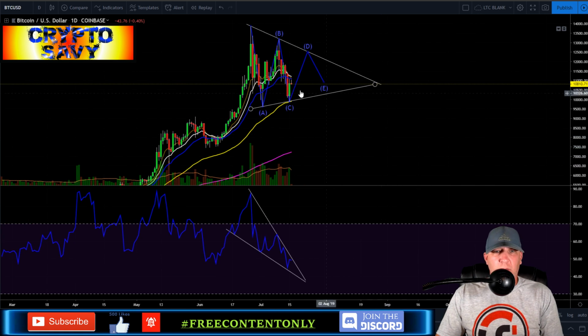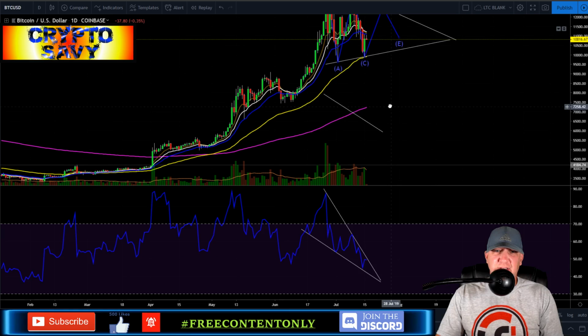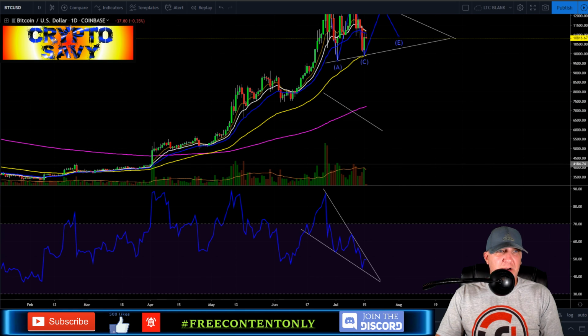So one of the other things I want to talk about, when you're in a formation like this, another way to give you a clue that it's a formation, and according to Wyckoff this would be accumulation, getting ready for a push up, is that the volume's declining. And as you can see, just like right here, we were in a formation.